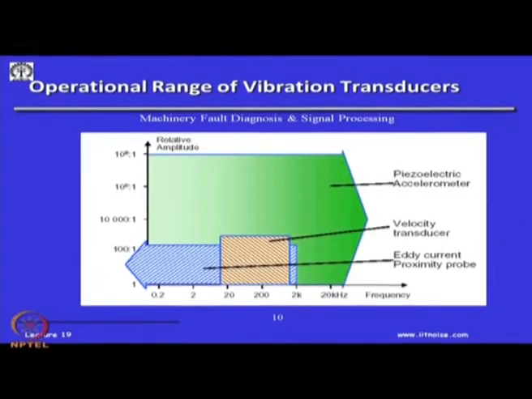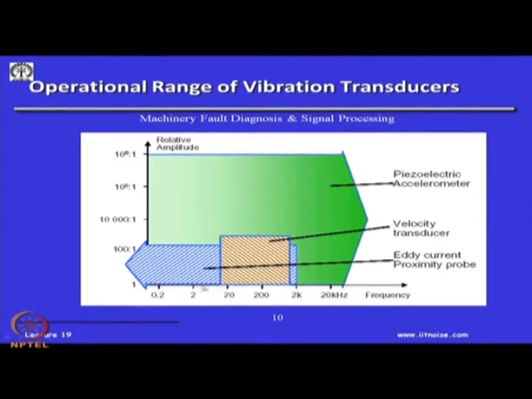So, now that we know about the three types of transducers, you see this is the eddy current probe, velocity transducer and piezoelectric accelerometer. If you see their frequency range and the relative amplitude which they can measure, the eddy current probe can measure low frequency and the limit is about 2 kilohertz and the range is not much.